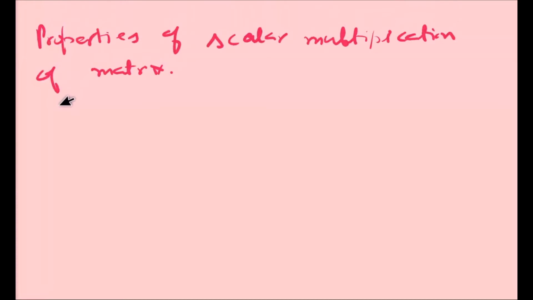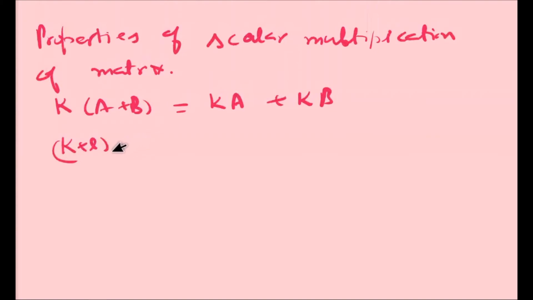When you multiply k by A plus B, you can multiply it as kA plus kB, then you can add it. So no problem, if you add then multiply, the result is the same. Okay. Similarly, if these constants are k and l, then you multiply them with matrix A, you can write kA plus lA, then you can add it. Okay.